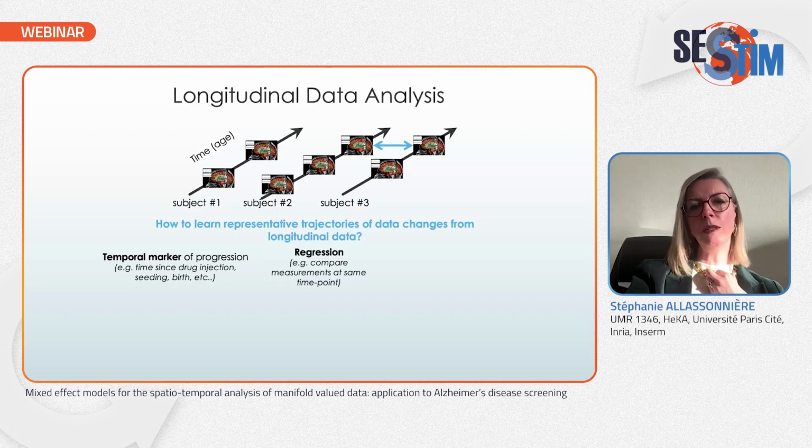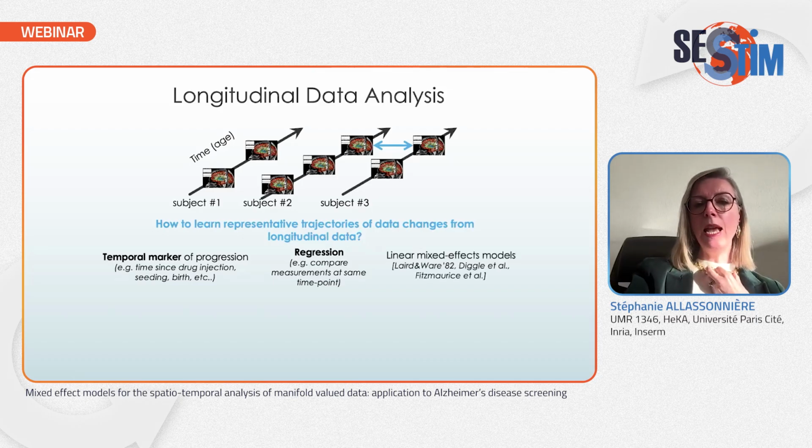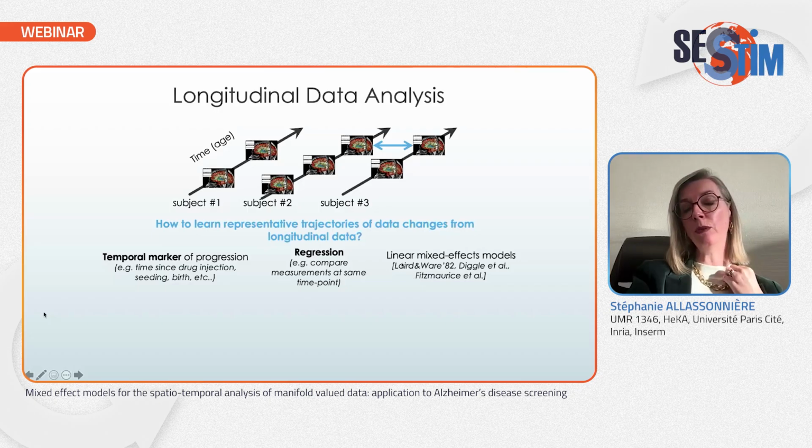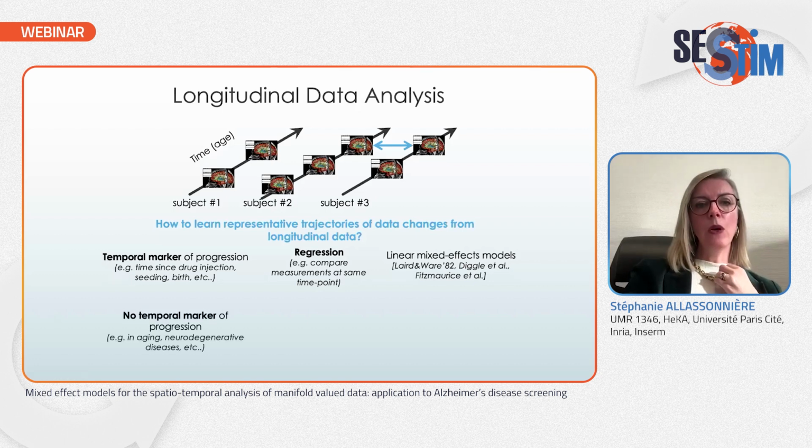In particular, people can use regression because the time has a real meaning. But still, there is an issue: when you go back to the literature, most of these longitudinal data have been treated with linear mixed effect models. So everything that is linear. When you don't have access to this temporal marker, again, the anatomic age is not relevant with respect to the disease age.